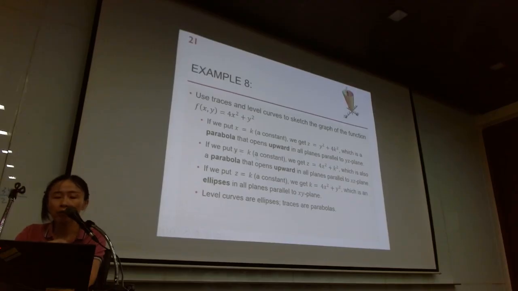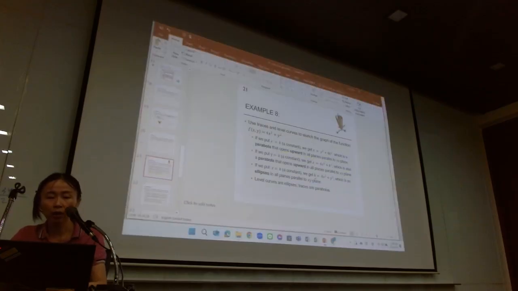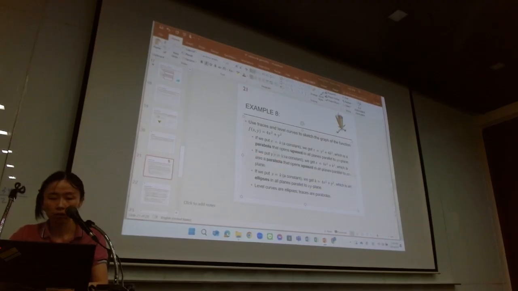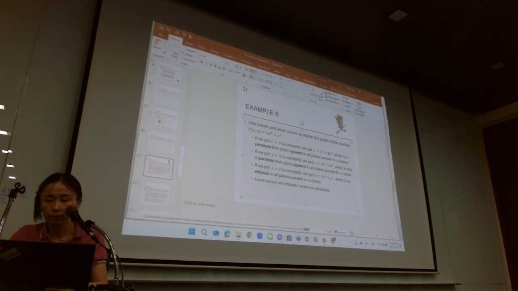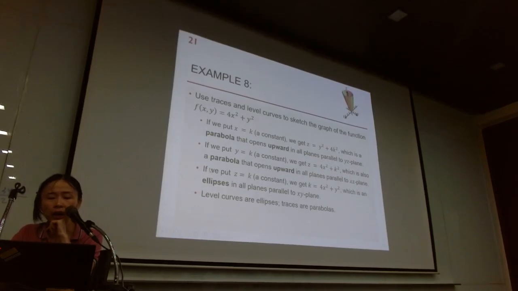The next one, y is fixed, shows the relationship between z and x. The last one is when z is fixed, which shows the relationship between x and y. So the top two are traces. The third one is level curves. Usually we need to define what shape this is.